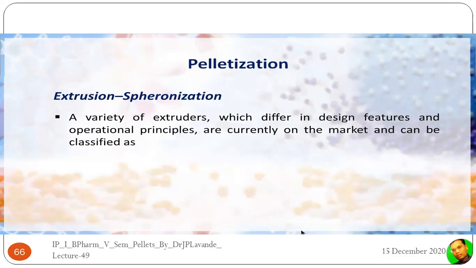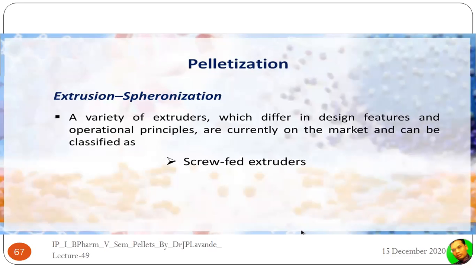A variety of extruders. Extruders are nothing but the devices which are used in order to produce the pellets. A variety of extruders which differ in design features. They are of different designs and different shapes, and the operational principles are also going to be different. We will come to know what these different principles are. Those currently on the market can be classified, the very first one being the screw fed extruder.